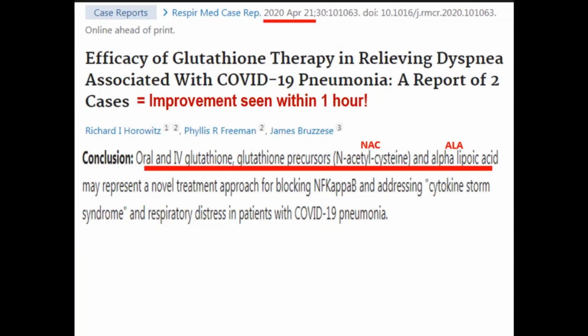Within 1 hour. But you don't hear many studies done on this because this is not a drug that the drug companies can make money from. Everybody ignored this report, right?